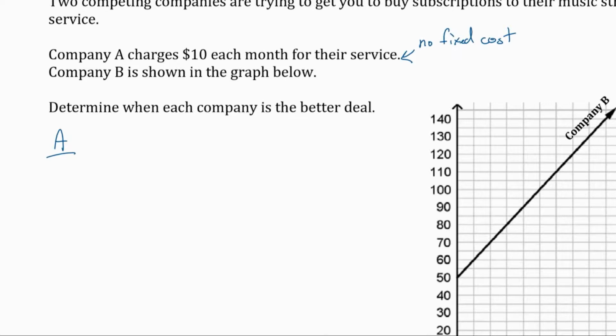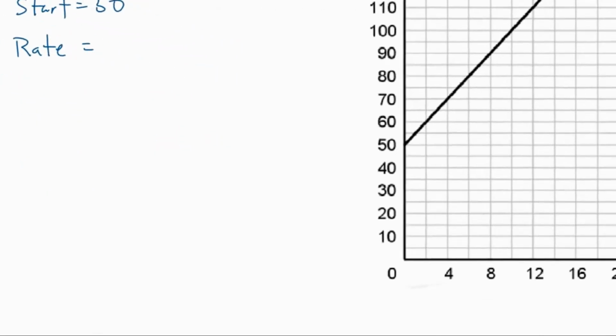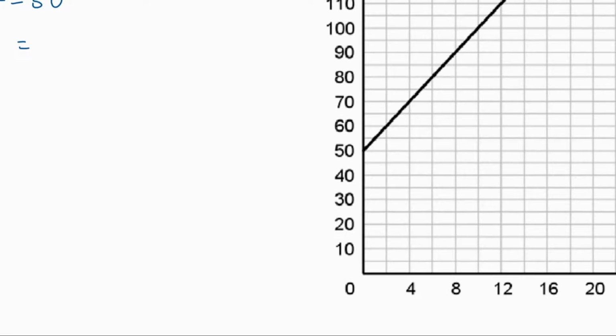So A has a start of 0 and a rate of 10. B has a start of 50. Look at that right there. Okay, the start is 50 and the rate, well, we haven't figured that out. Let's see. I went from 0, I went up 2, and from 50 to 60 I went up 10.